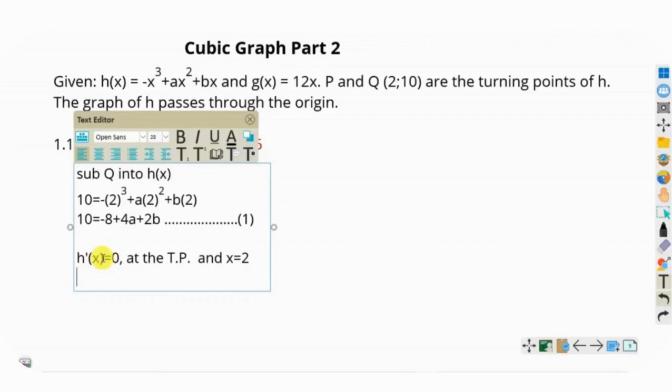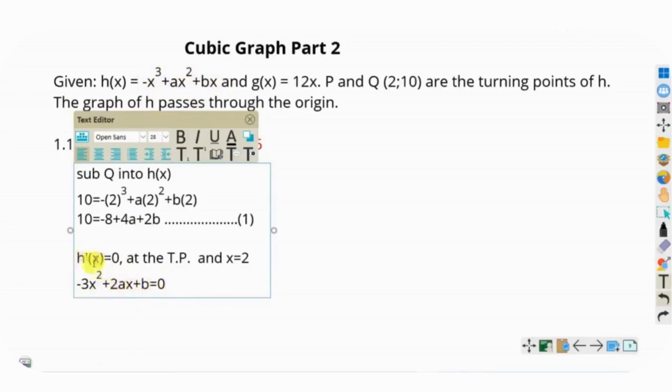So when we derive this, we have minus 3x squared plus 2ax plus b. We derive that equation, right, and then we equate this to 0.